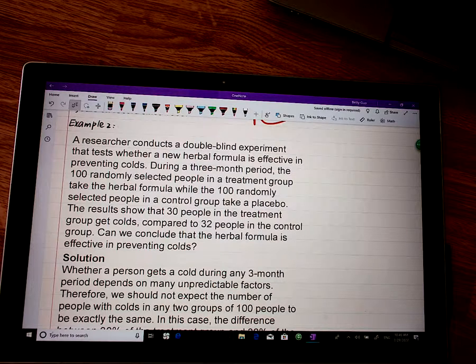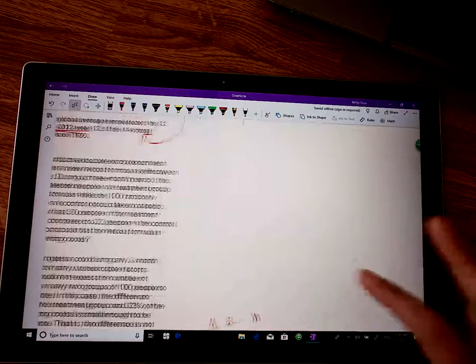The results show that 30 people in the treatment group get colds compared to 32 people in the control group. Can we conclude that the herbal formula is effective in preventing colds? So what do you think?